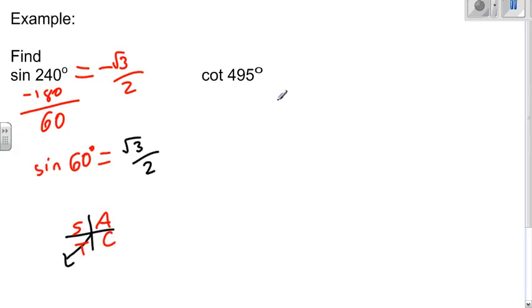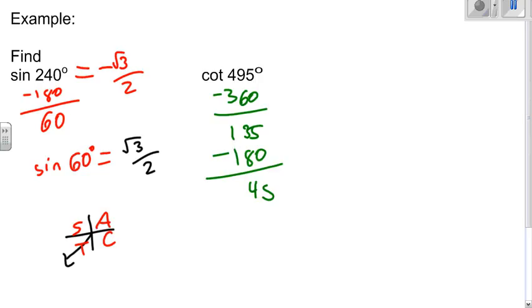Now 495 degrees, that's going to be more than one full circle, so let's first subtract 360. It's 135. Then you can subtract from 180, or flip it, it doesn't matter, 180 minus 135. Either way, the part that matters is 45 degrees. That's our reference angle. Since it was only 135 degrees, that means it's 45 degrees before 180, so it's over here in quadrant 2.